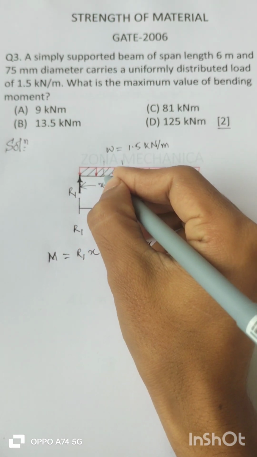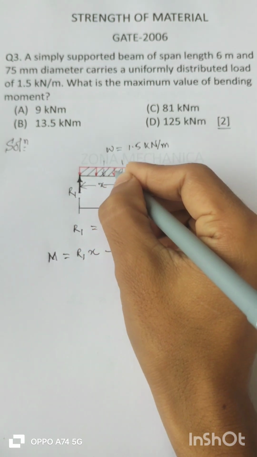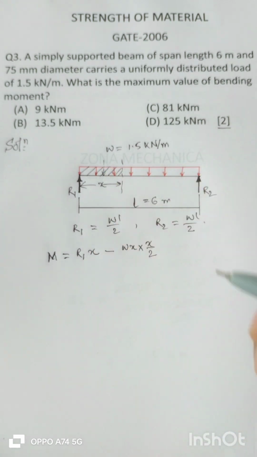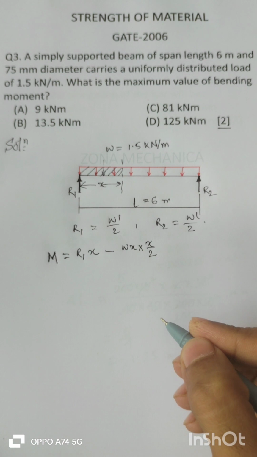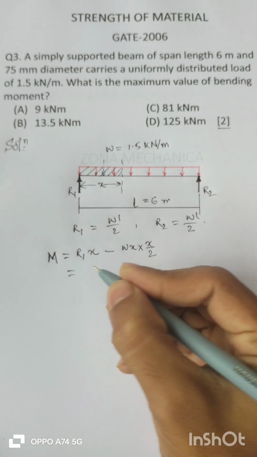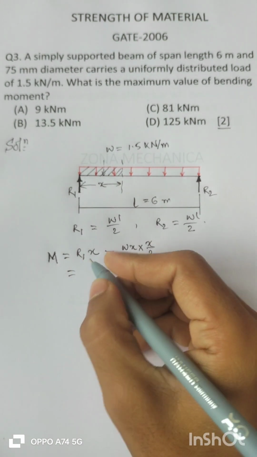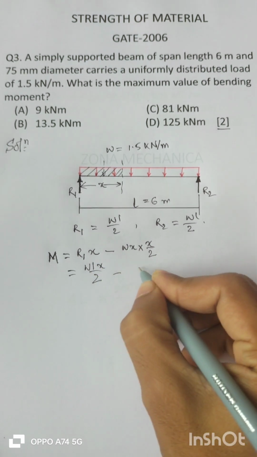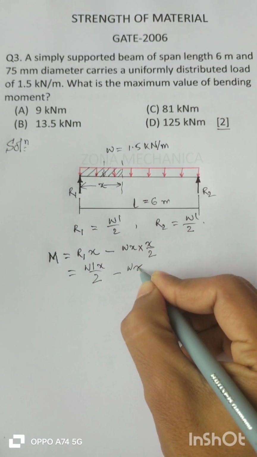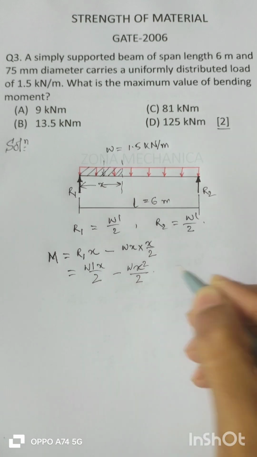So this is the expression for the bending moment. So M is equal to W into L into X by 2 minus W into X square by 2.